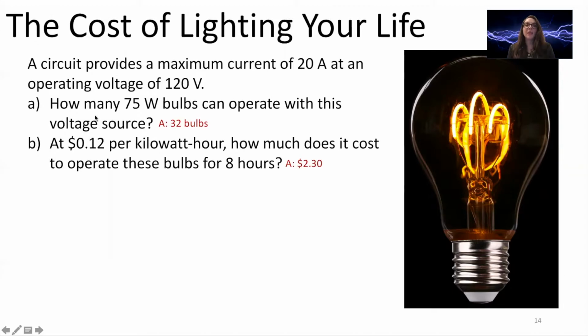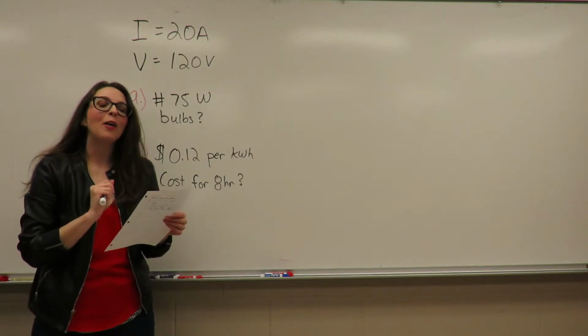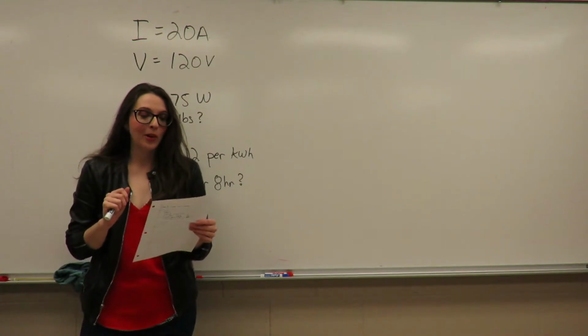Part A, how many 75-watt bulbs can we operate with this voltage source? And for part B, at 12 cents per kilowatt hour, how much does it cost to operate these bulbs for 8 hours? We're going to apply the electric power concept and calculate the cost of power usage using kilowatt hours.